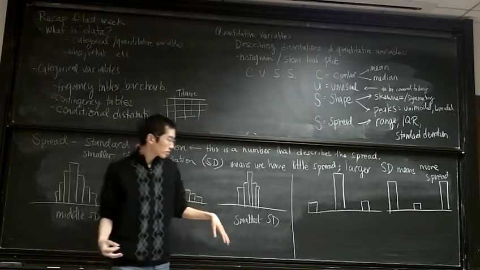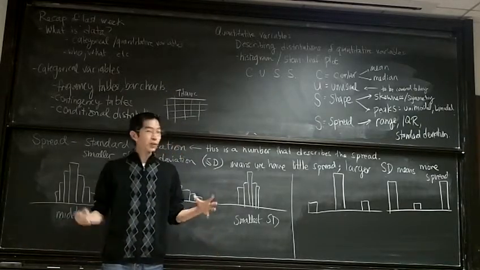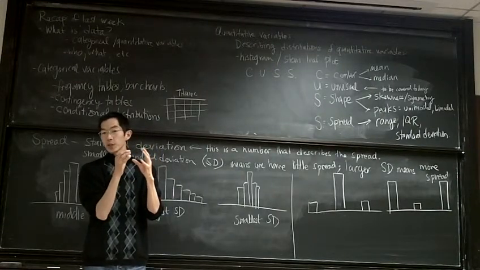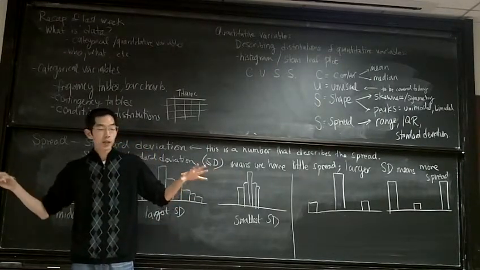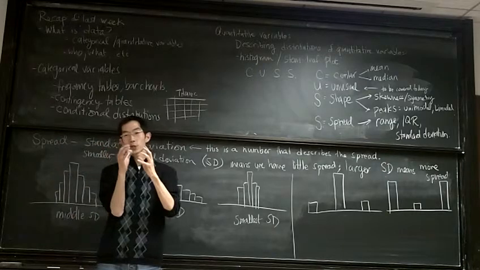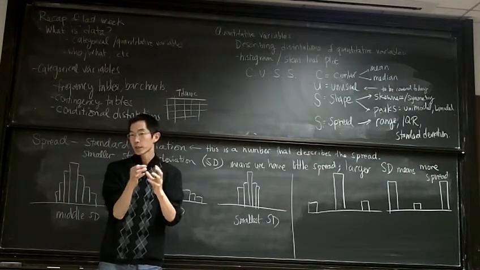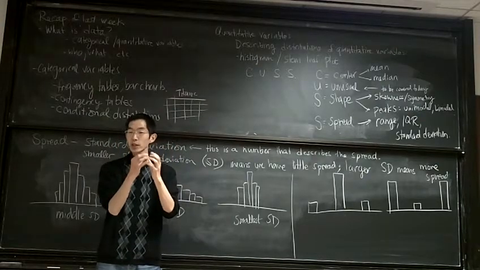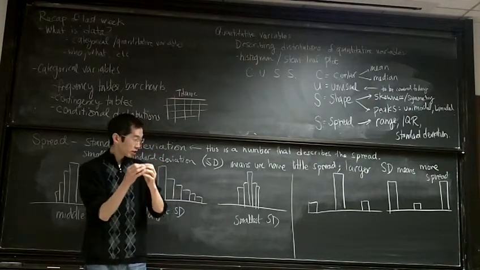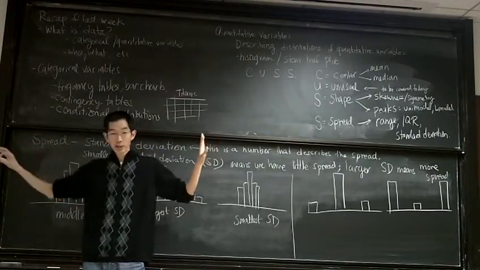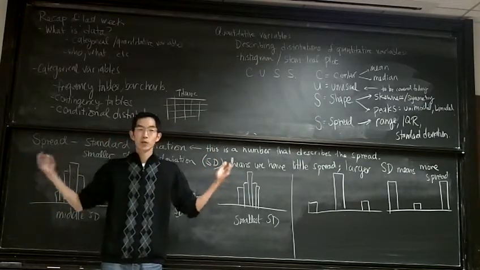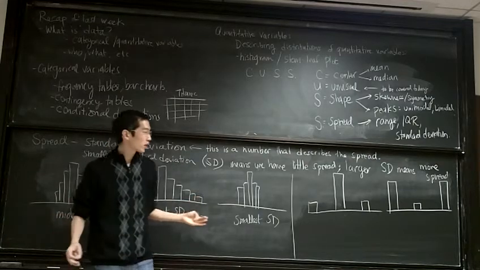If more of the numbers are closer to the center than far away from it, that distribution has less spread. The numbers aren't spread out because they're close to the center. The distribution where the numbers are far away from the center has more spread. They are not as clumped together.